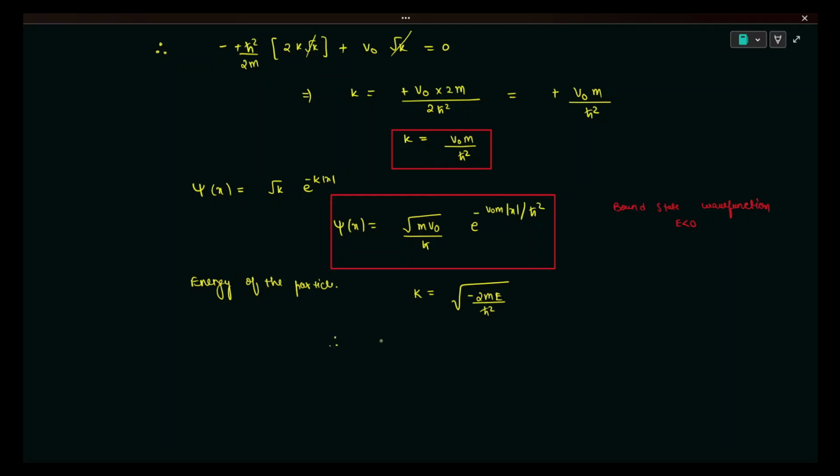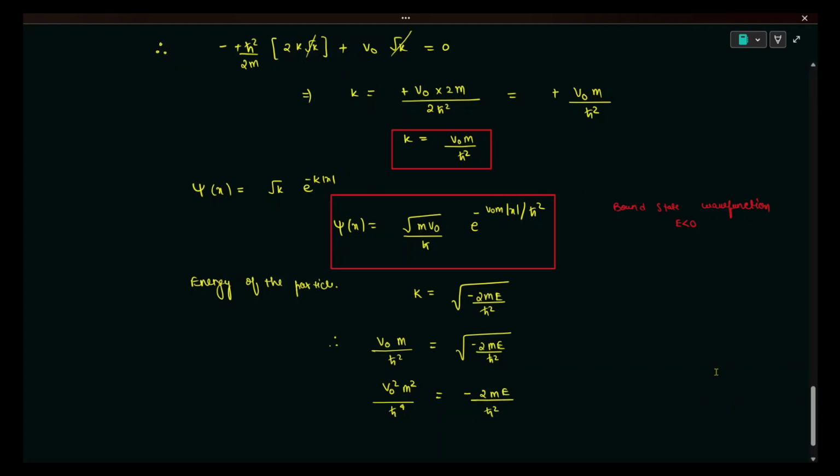So k was v naught m divided by h cut square, and that should be equal to under root of minus 2m E divided by h cut square. So squaring both sides will give me v naught square m square divided by h cut raised to power 4 equal to minus 2m E divided by h cut square.